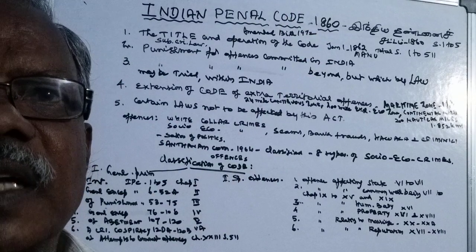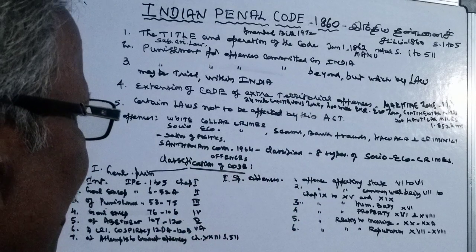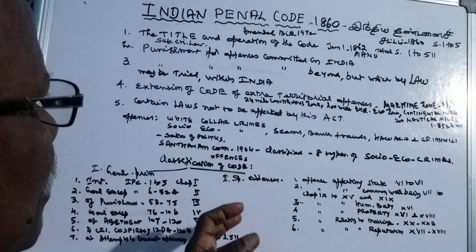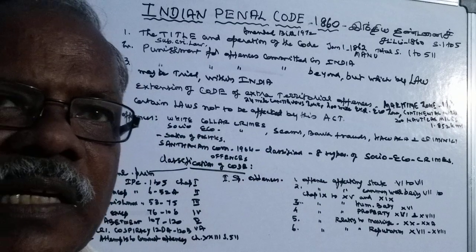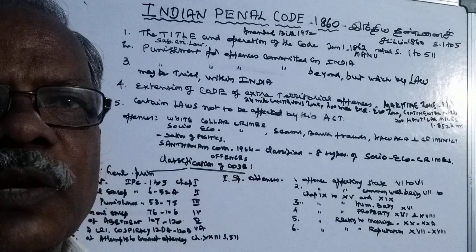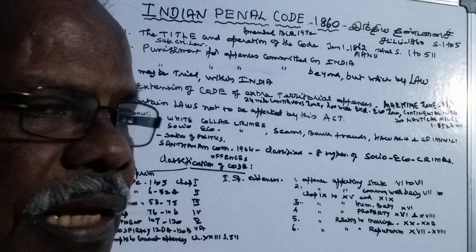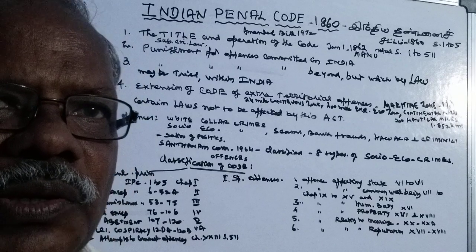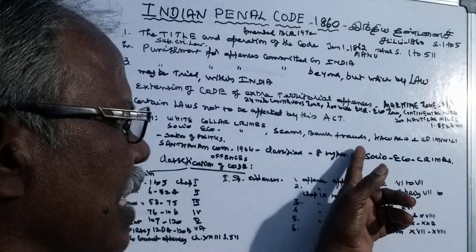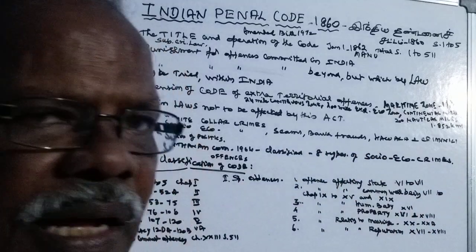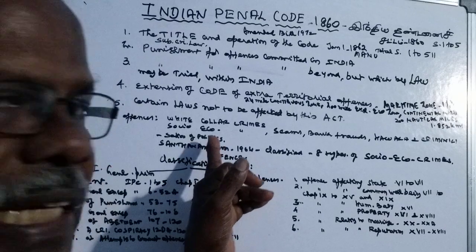5 sections are covered in this Indian Penal Code 1860, and apart from this we will say something about the offences. It clearly indicates the Penal Code is meant for offences, that is white collar crimes and socio-economic crimes, scams, bank frauds, hawala and crimes, criminalization of politics.